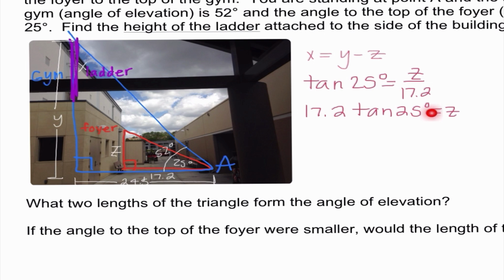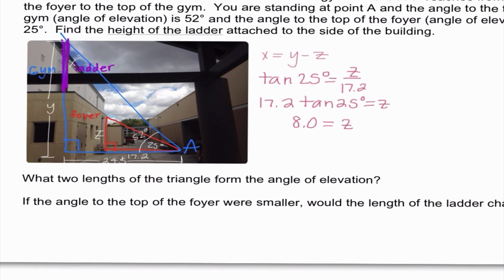I would recommend putting it in like this, then I don't have to worry about closing the parentheses on the 25 or anything. And it comes out to be about 8.0. Now, I want to note that I'm not actually rounding this yet. I'm just writing it as a rounded value, but I'm keeping the whole value in my calculator.